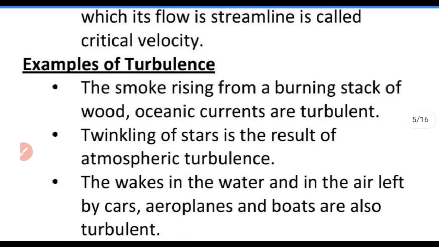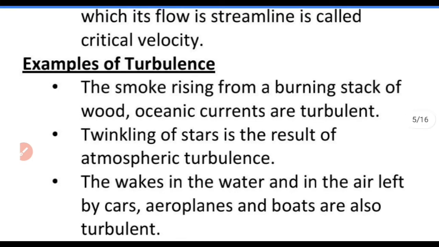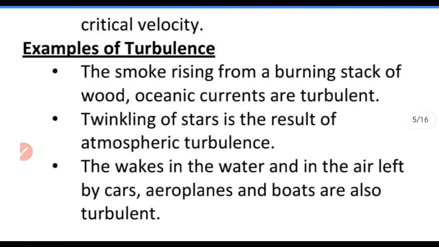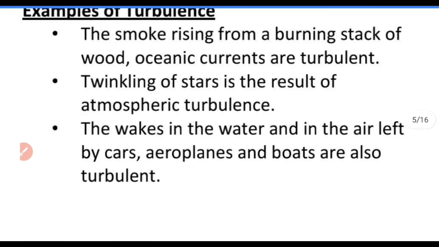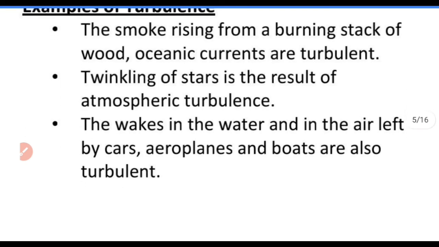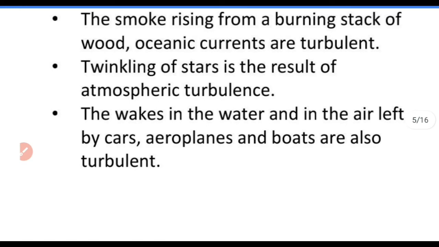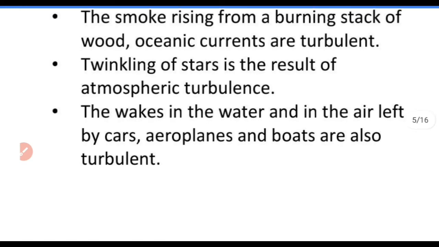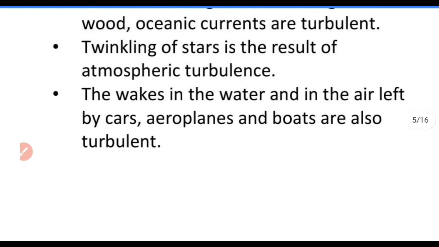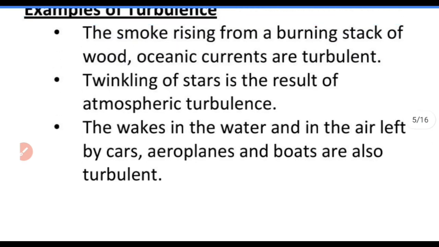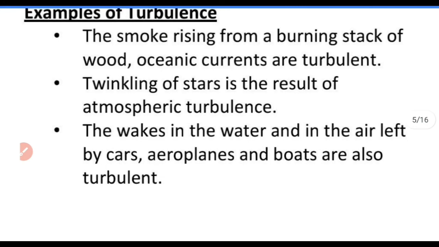We know it is because of atmospheric refraction we see the stars twinkling. So it is because of atmospheric turbulence. And the air left by vehicles is also turbulent; when we look at the path, we can see that it is turbulent. So these are examples of turbulent flow.